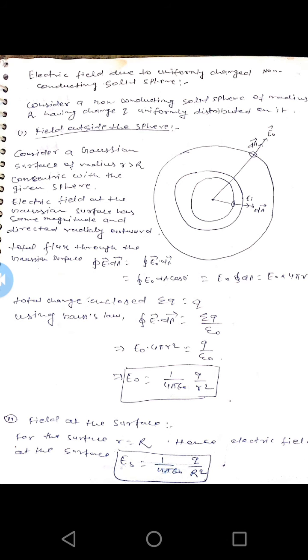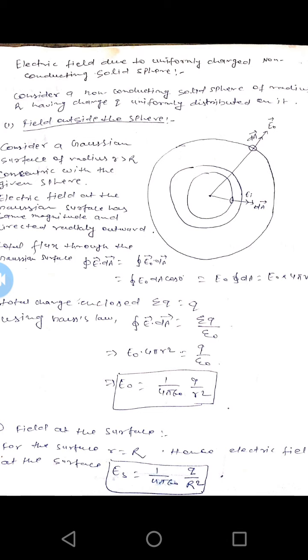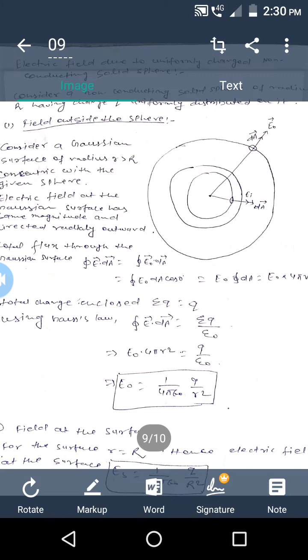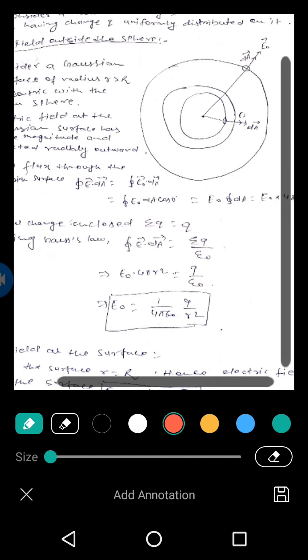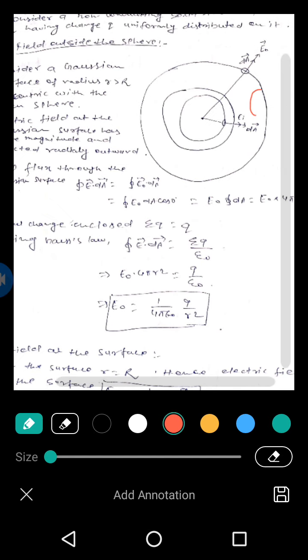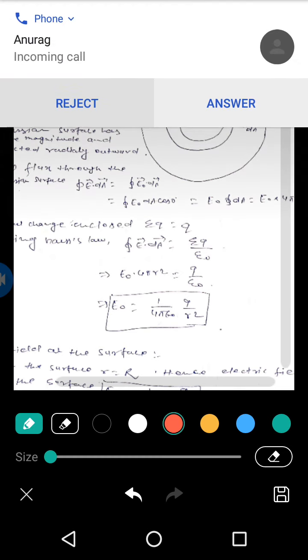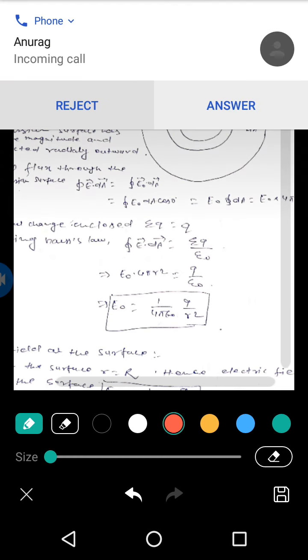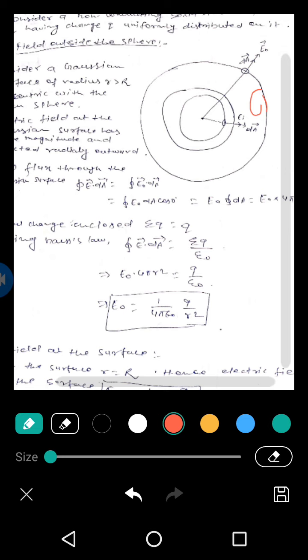Obviously the charge is inside the Gaussian surface, and for total flux, see here a small element of this Gaussian surface is like this. This is the area vector, and electric field is also towards this direction, like this.